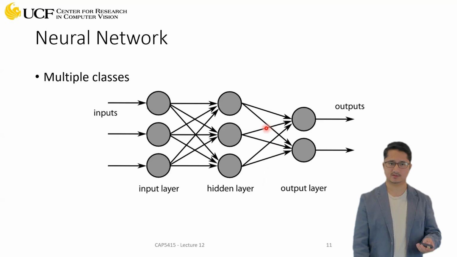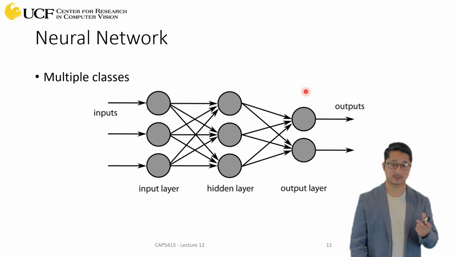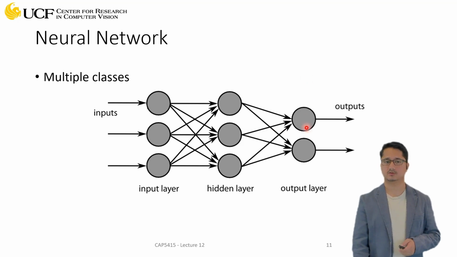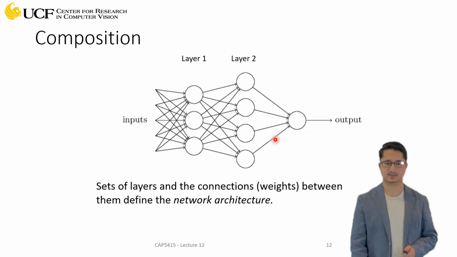But in the case of CNNs or neural networks, all you have to do is add additional neurons. So for each class, you can have a neuron, and you just use the output of that neuron as a way to estimate whether this particular class is present or not. So solving a multi-class classification problem is much easier in this case, which is good news.